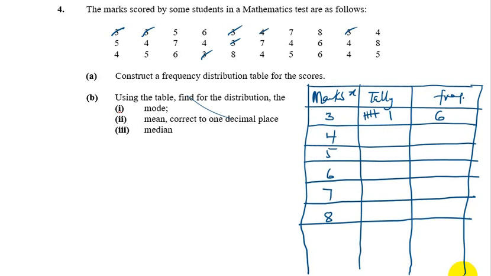For 4, we have 1, 2, 3, 4, 5, 6, 7, 8, 9. Then I write my 9 here. I hope it is clear. Good. Now the next one, for 5.